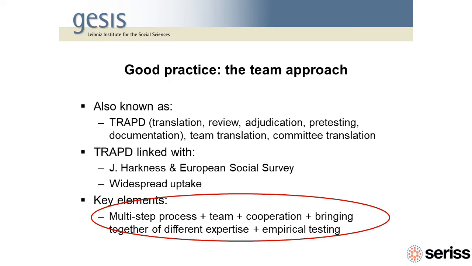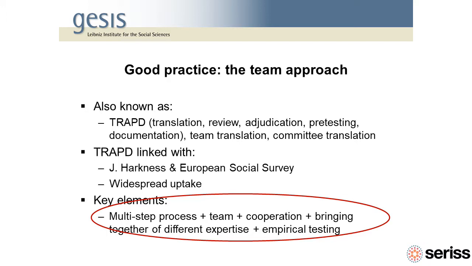Some other terms that are used for essentially the same model are team translation or committee translation. And I want to talk about this model TRAPD in the coming slides to introduce you to this good practice translation method. TRAPD is essentially firmly linked to Janet Harkness and to the European Social Survey.